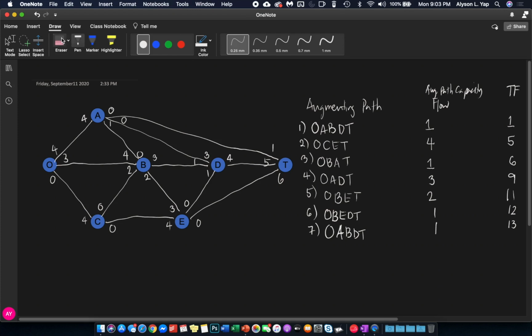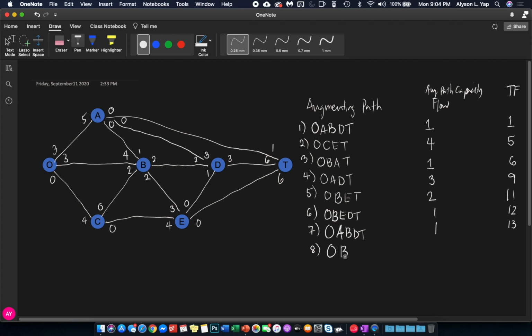So let's update. Your 4, 4 becomes 3, 5. Your 1, 0 becomes a 0, 1. This becomes, sorry, a 2, 2. And finally, your 4, 5 becomes a 3, 6. I think there are more augmenting paths.